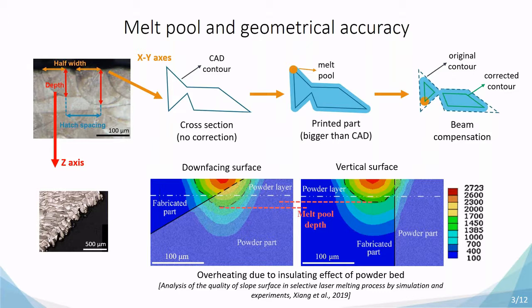This is because on downfacing surfaces, we have the problem of overheating, and that's because on downfacing surfaces, the melt pool is actually supported by the powder bed, which has a thermal conductivity which is typically 10 times lower compared to the solid metal, and therefore we have a melt pool depth which is bigger, but also an increased amount of sintered particles and particle agglomeration on the downfacing surfaces.